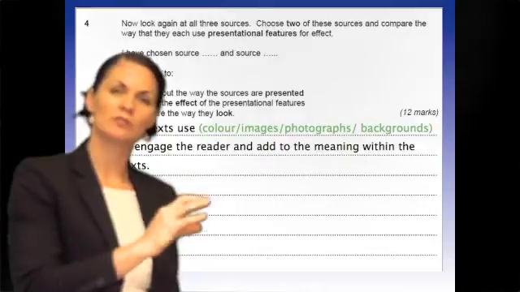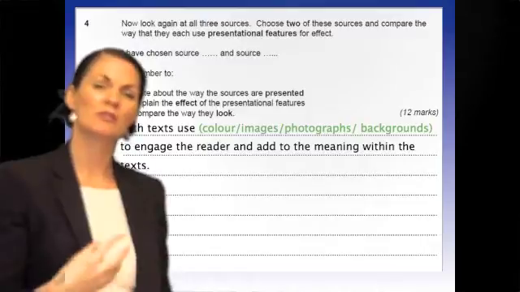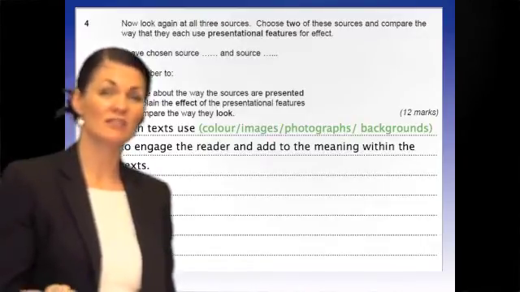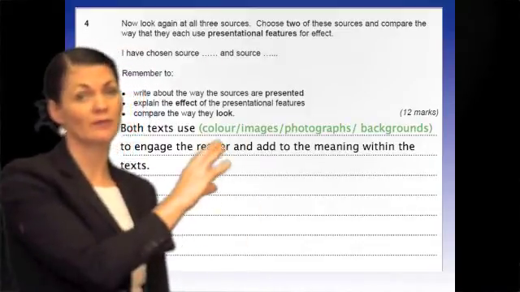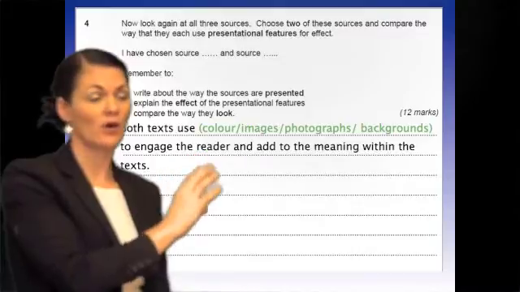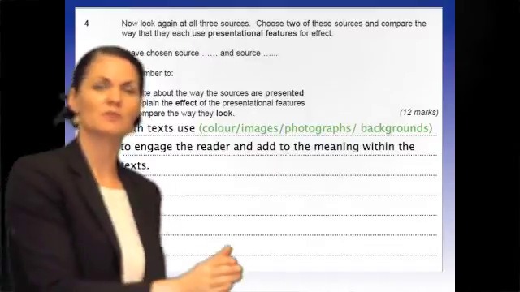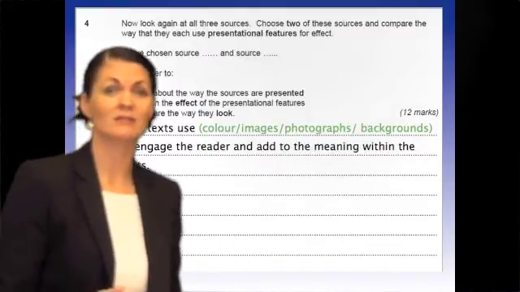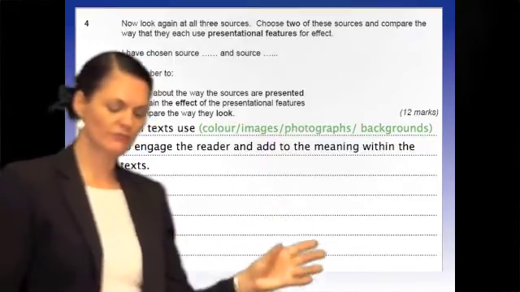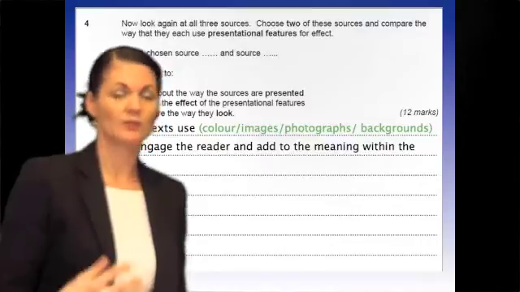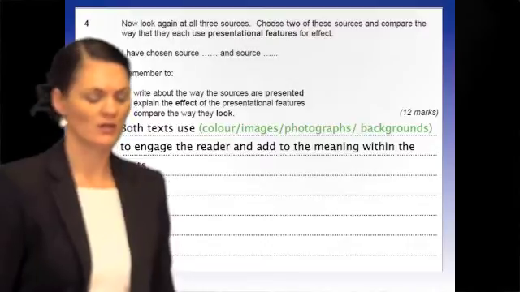But really what you want to do is find a comparative point, and that will just help you to get started. How do the colours link? Do they link? That's not to say that you don't need to talk about colour. You can absolutely talk about colour and its effect in one article. You don't need to say there is no colour in the other article, because the absence of one in one isn't a comparative point. It's thinking about what they do to do things differently. Okay, so learning that little phrase is an easy way to start you off and to help you approach the question.